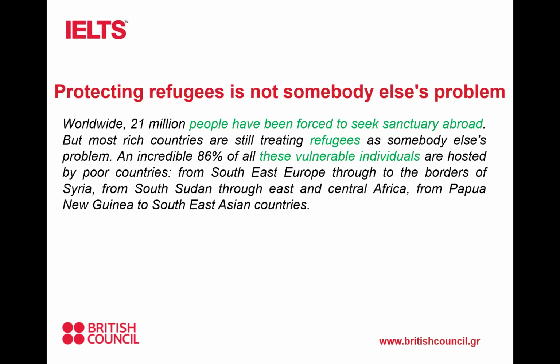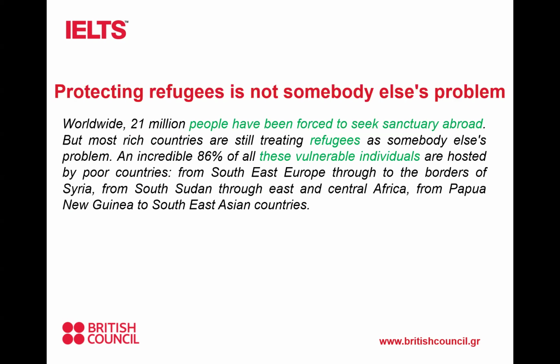If you look at the example in front of you, you'll see that some parts of it are highlighted in green. What's the relationship between refugees and people who have been forced to seek sanctuary abroad? What's the relationship between refugees and vulnerable individuals? Well, they're synonymous, of course, but they're more than synonymous.